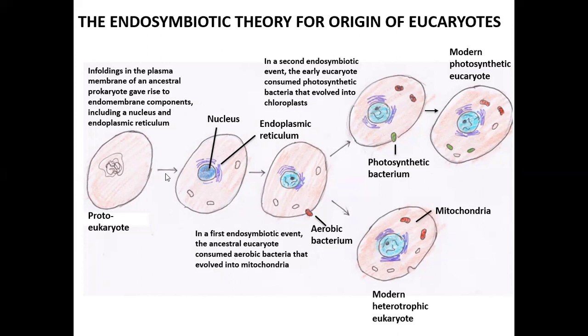The descendants of these ancient engulfed cells are present in all eukaryotic cells today as the mitochondria organelle. Similarly, by engulfment of a photosynthetic bacterium and later on dependence of these bacterial cells and the host cell, development of chloroplast structures could have taken place in the modern photosynthetic eukaryotic cells.